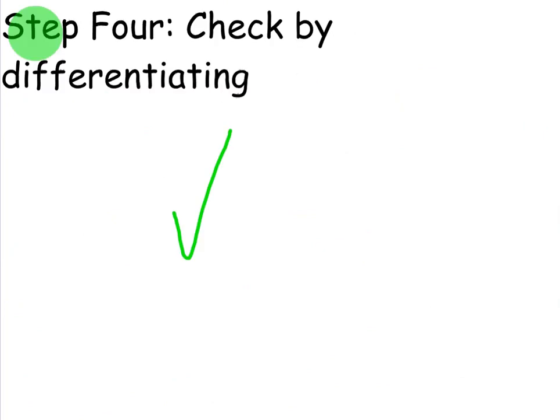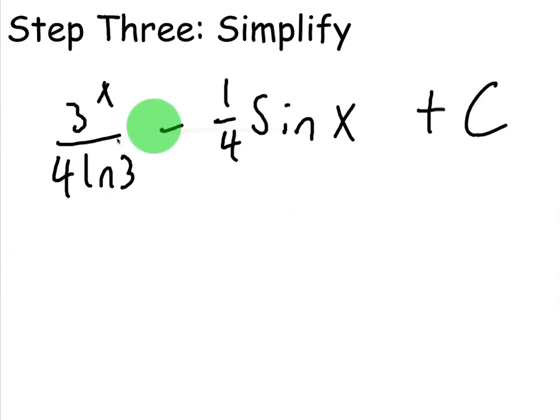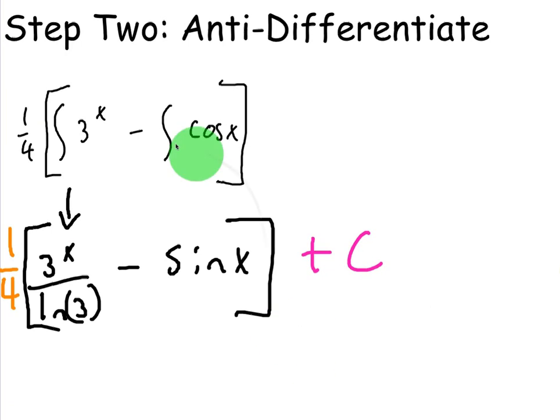And then we can easily check that by differentiating. A lot of times I just check this step off, because what I do is I kind of just go backwards. And so I will just look at this and say, okay, what's the derivative of this? Well, if I take the derivative of this, it'll give me 3 to the x. If I take the derivative of this, it'll give me cosine, right?